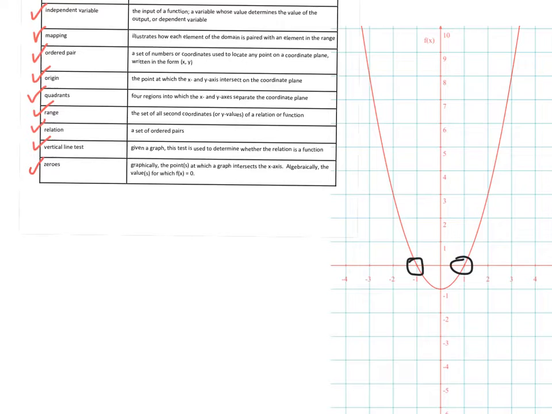So zeros are our x values where this graph crosses the x-axis. We'll see how to do that algebraically a little bit later, but right now just recognize that zeros are where the graph crosses the x-axis.